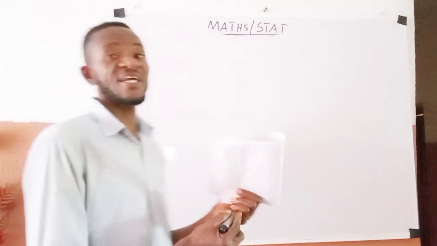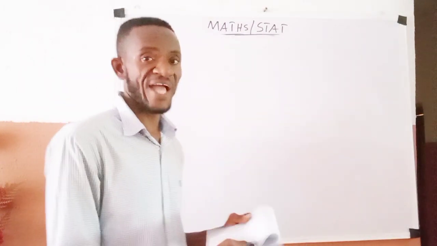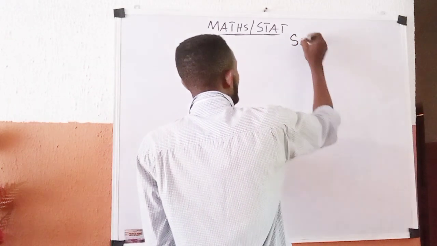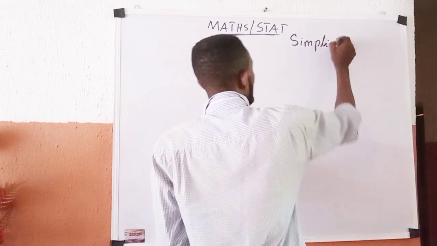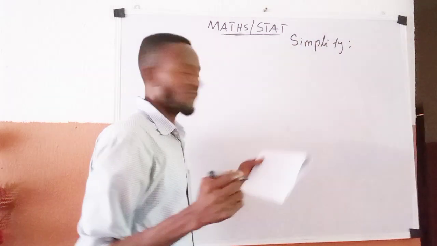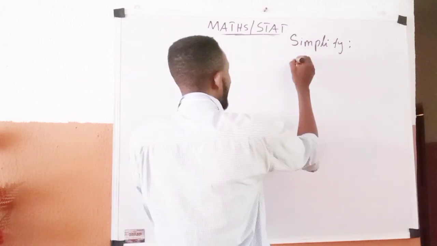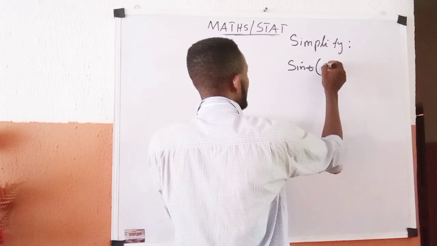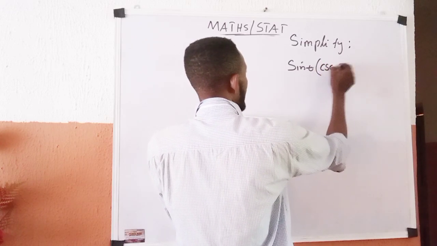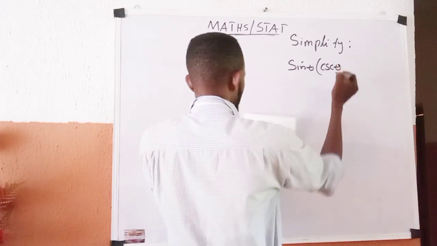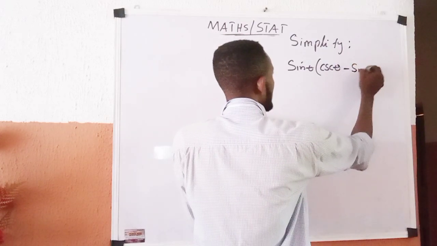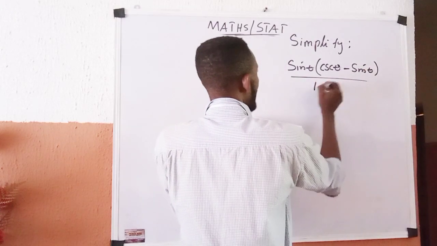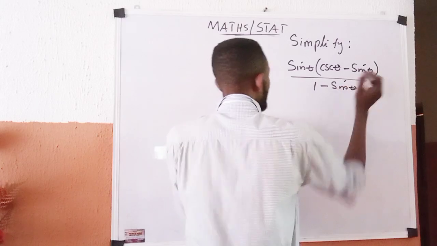The question I have here says, simplify. The first question says sine theta, open a bracket, cosec theta minus sine theta, close the bracket, all over 1 minus sine theta.